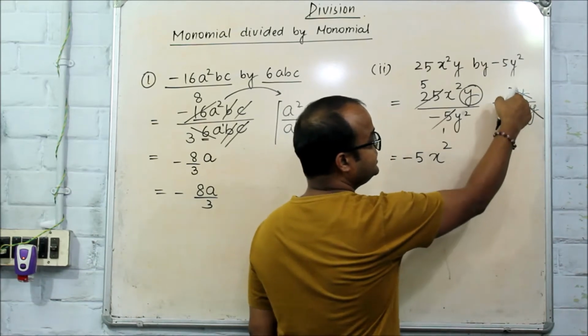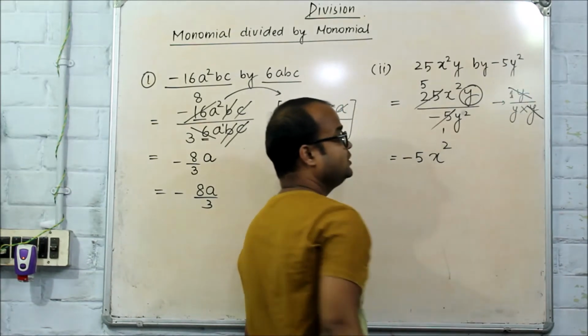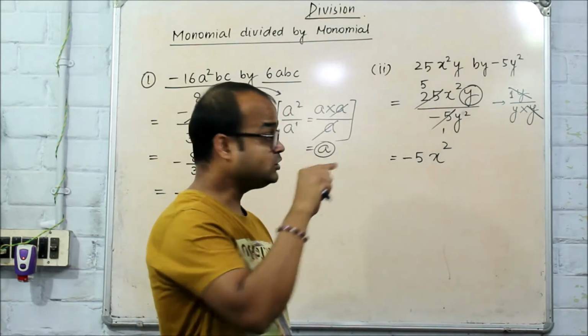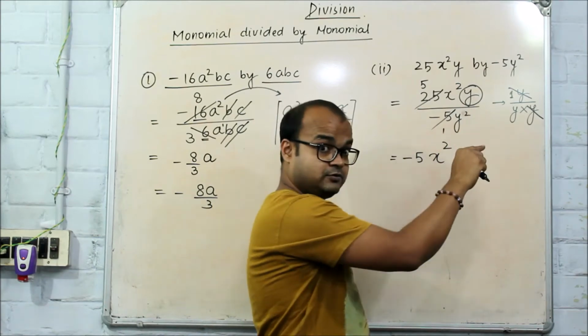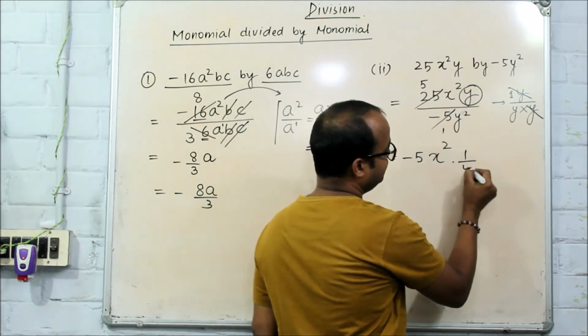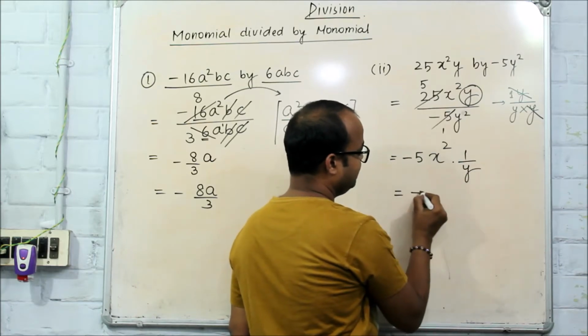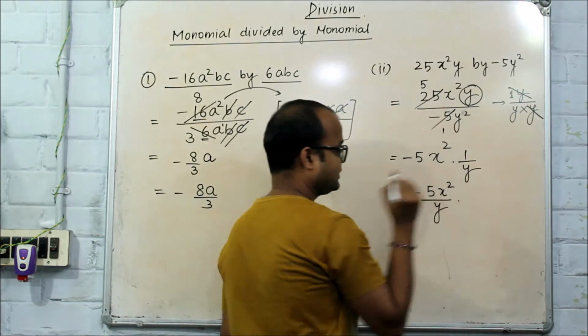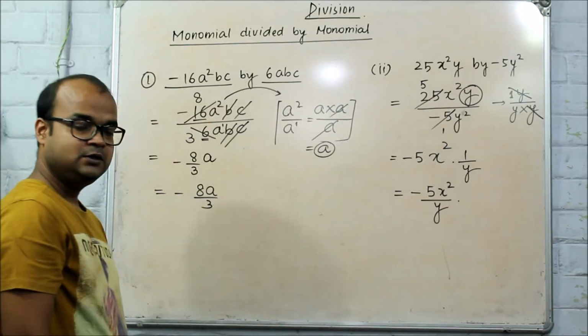So the term left is 1 by y. If you cancel, the numerator will be 1. Yes. So you write it into 1 by y. So it will be equal to minus 5x square by y. Clear?